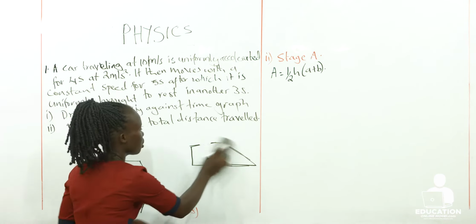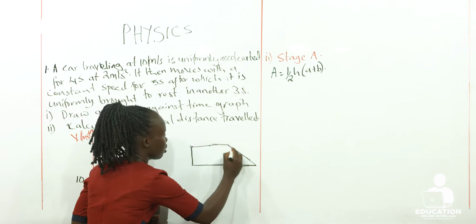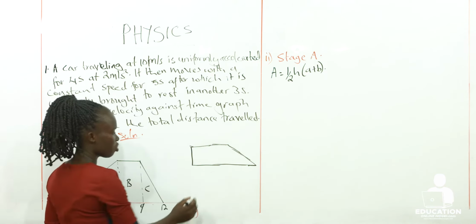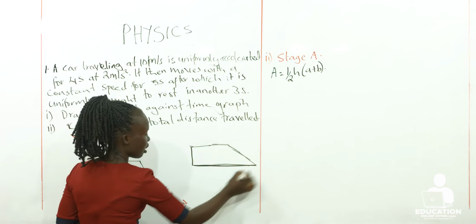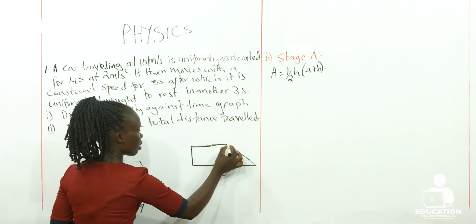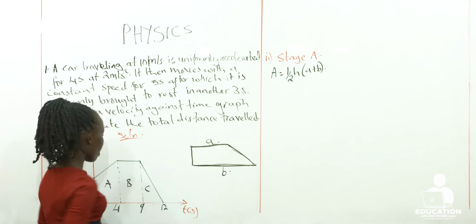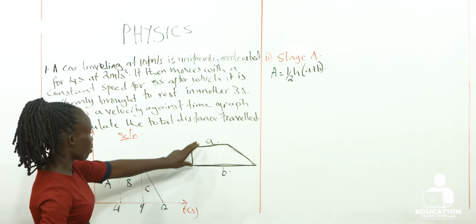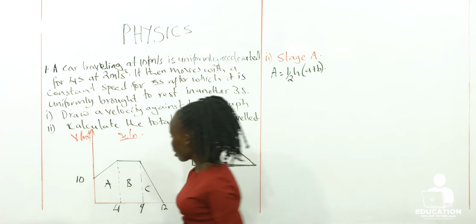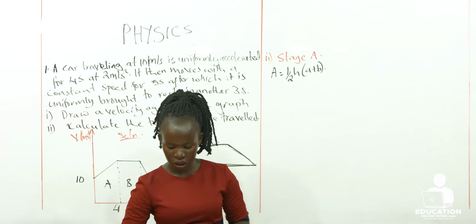For you to know which part is A, on a trapezium, this one here, the longest side, is our B. And this short side here becomes our what? Our A. So I guess we've got that. This is our A, and this is our B. You can check here which one is your A and which one is your B.